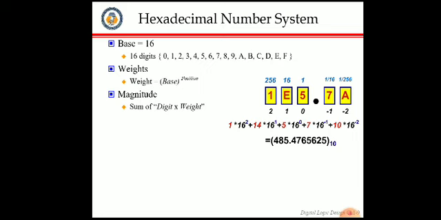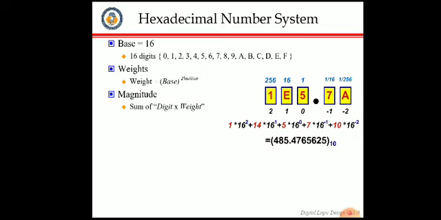After simplification, that means 16 power 0 into 5, plus 16 power 1 into E, which means 14. E means 14; you have to substitute like that. Plus 16 power 2 into 1. Similarly, in the fractional part, 7 into 16 power minus 1, plus 10 into 16 power minus 2, since A means 10.